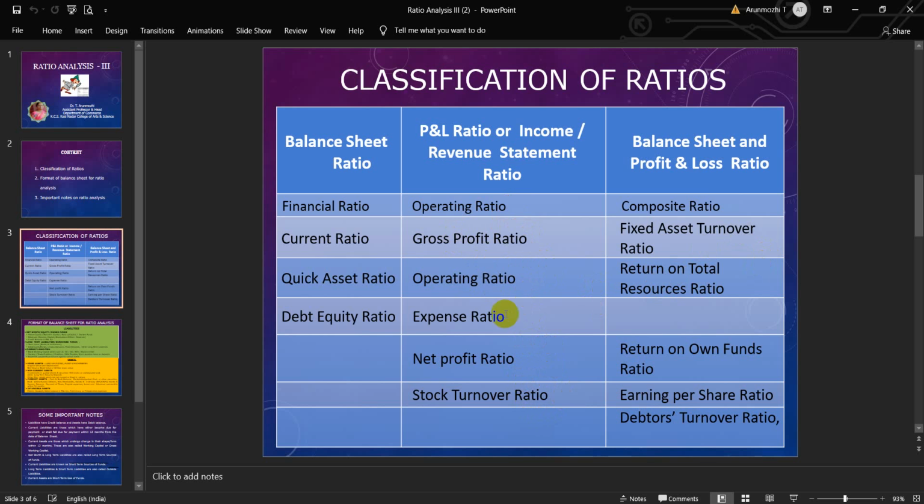We have here operating profit ratio. Next, balance sheet and profit and loss ratio. It is composite ratio, fixed assets turnover ratio, return on total resources ratio, return on own funds ratio, earnings per share, and debtors turnover ratio with creditors turnover ratio.